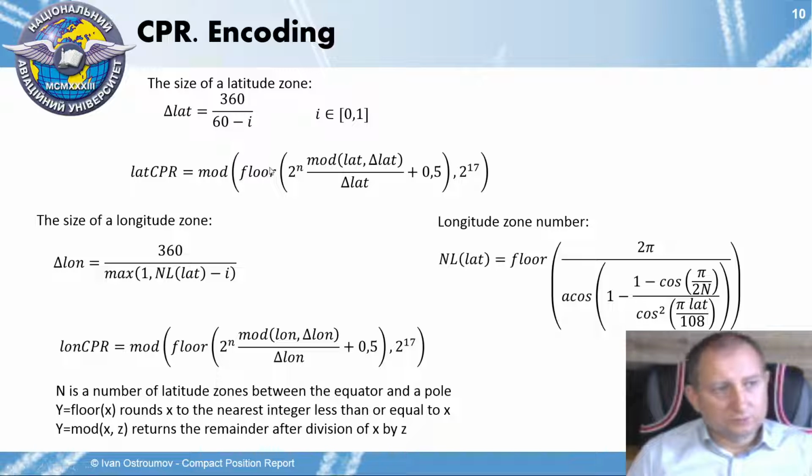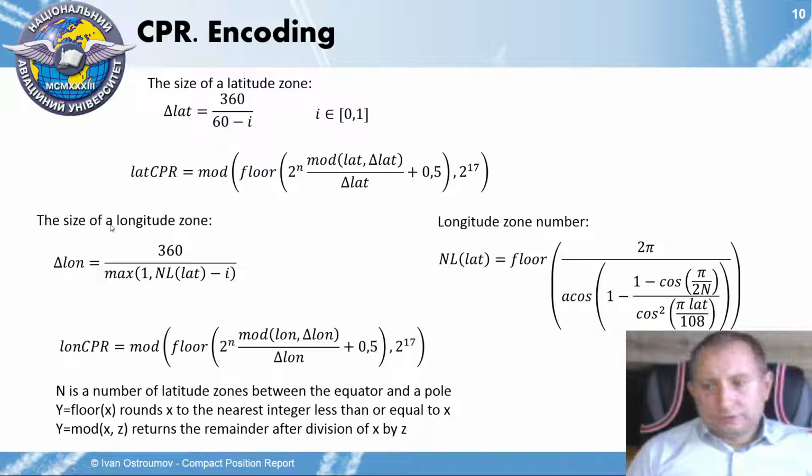That's why we use floor to make the rounding process. And inside of this one we have 2 to the power of n. N is the number of bits which we have for coding our latitude and longitude. However, here I've made a mistake. Here it should not be 17, it should be n as well.